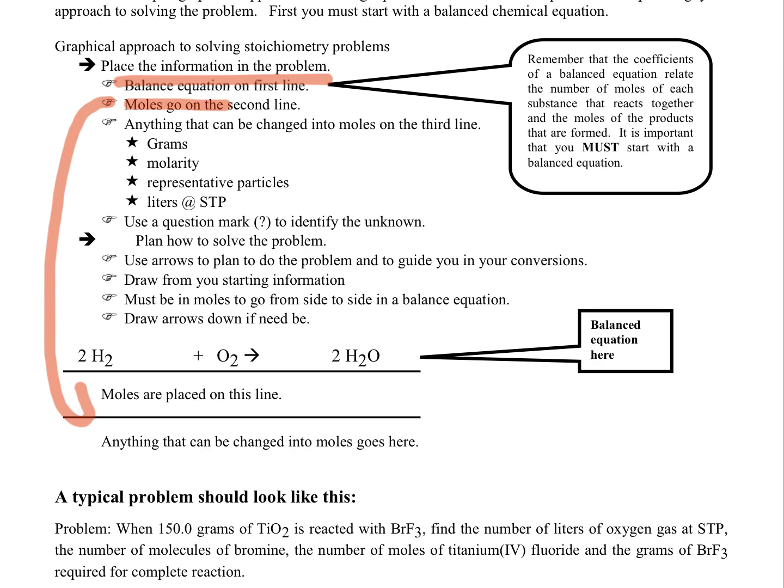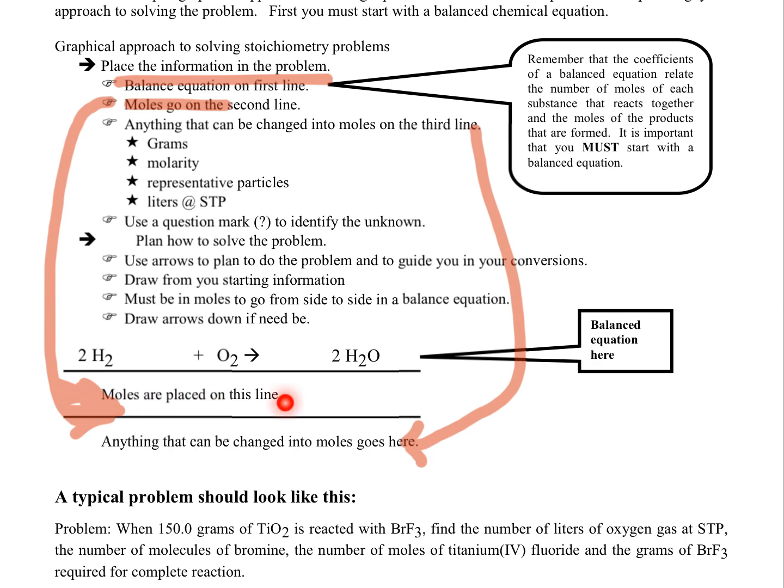Don't ever put anything else on that first line. Only moles. On this second, below here at the bottom, you're going to put everything that can convert to moles. Representative particles, liters, grams, anything that can convert to moles goes on this bottom part.